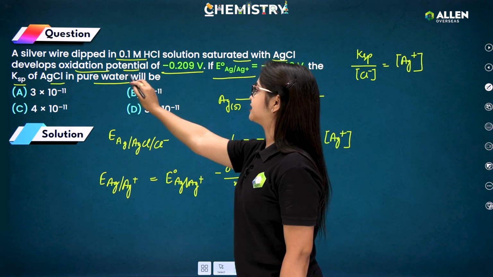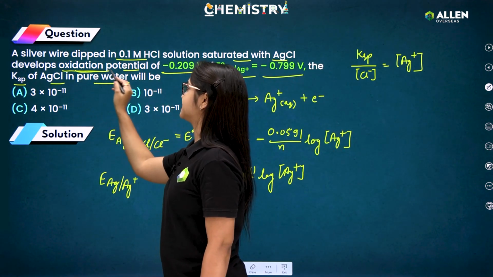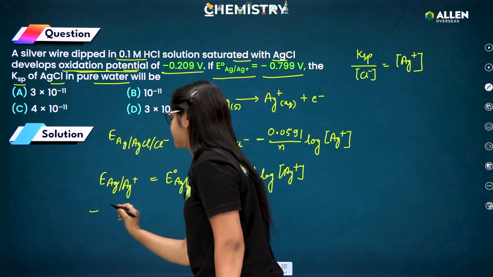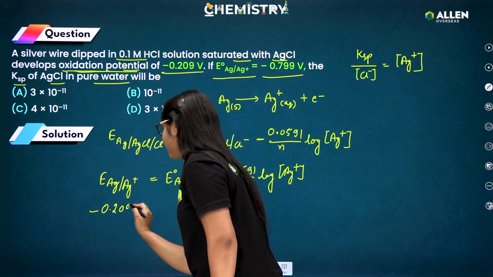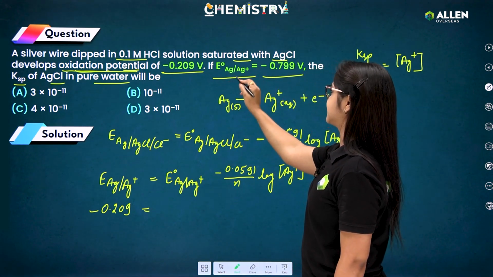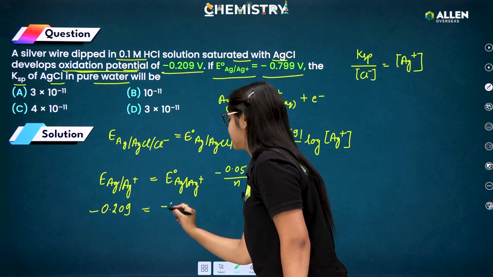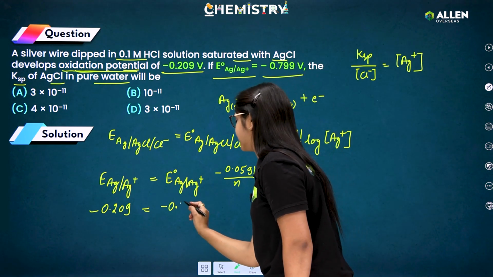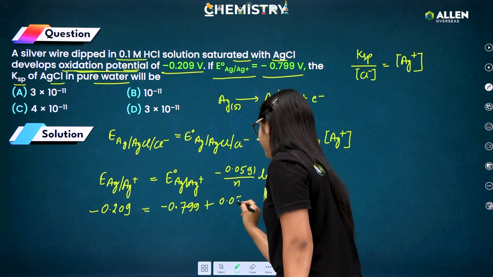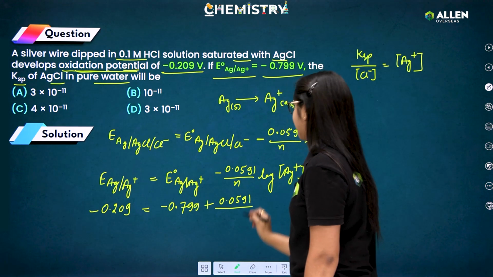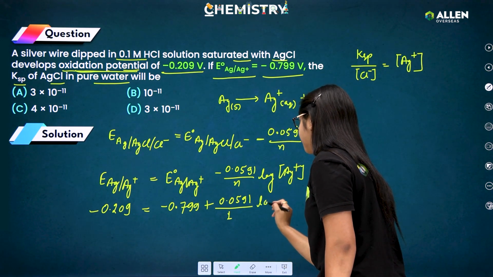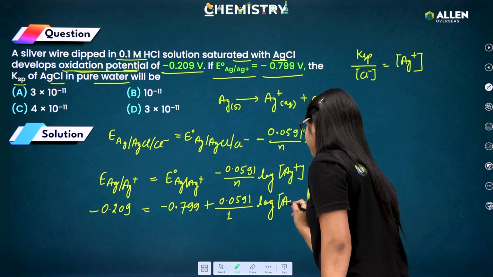AgCl, and the oxidation potential is given. Here also oxidation is written, so the oxidation potential is given as minus 0.209 volt, equal to the E naught of oxidation, also given, minus 0.799, plus 0.0591 divided by n, the number of electrons in the reaction, which is 1, log concentration of Ag plus.